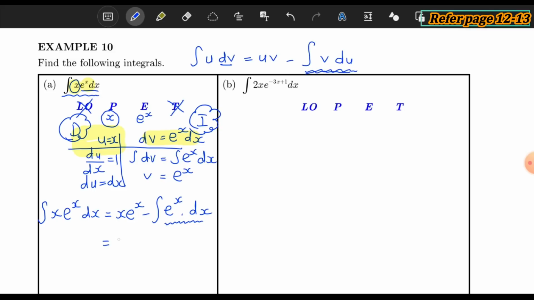And now, we copy x exponent x, the uv part, and then minus integrate exponent x, which is exponent x divided by 1, or exponent x only. And we need to write plus c. So this is the step for the by parts technique.